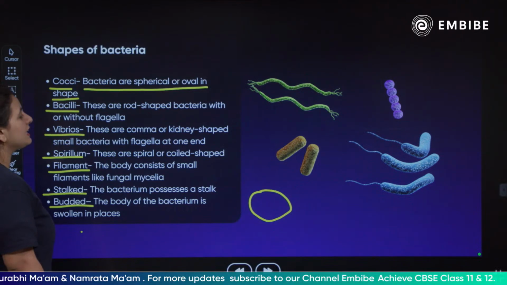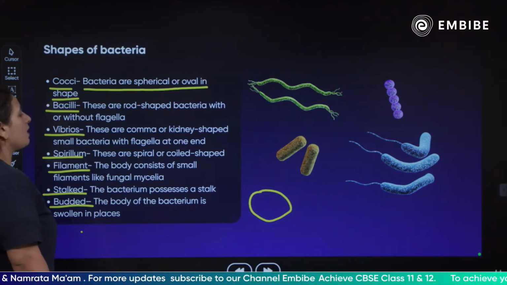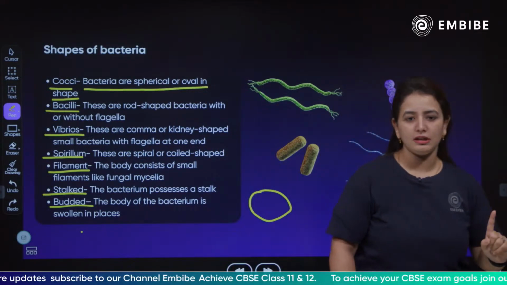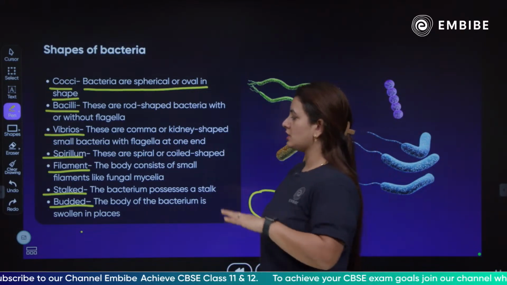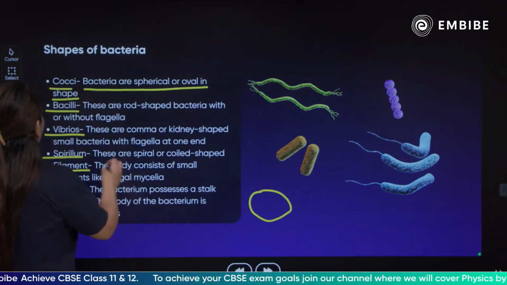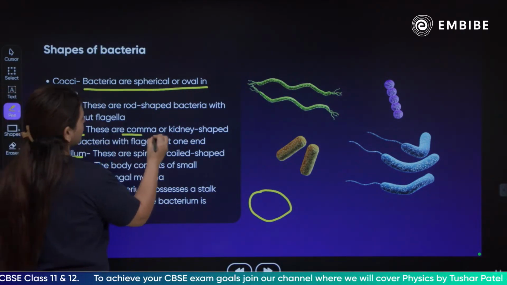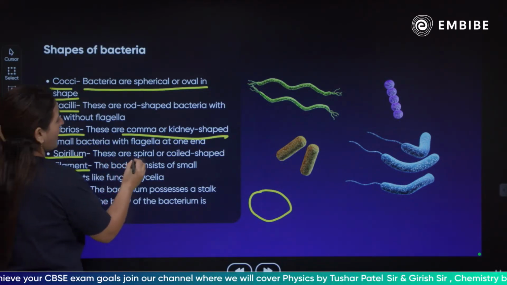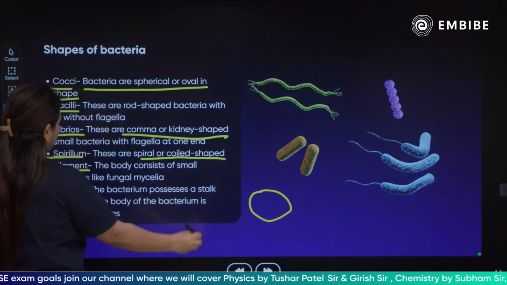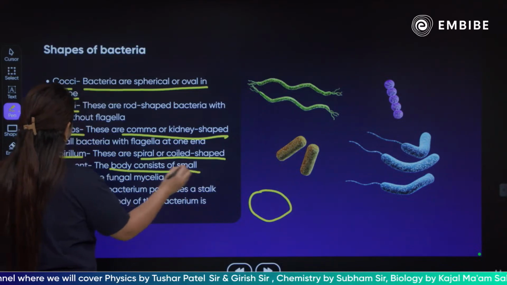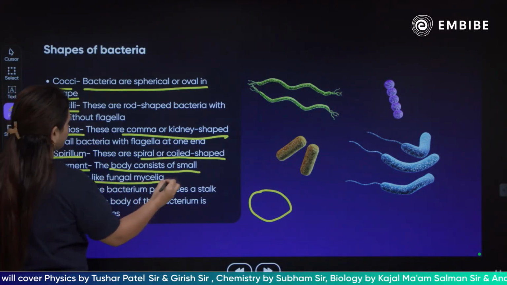These are kidney shaped small bacteria, flagellated at one end. Don't worry, the next slide shows all the kinds of bacteria. For now, you need to know that vibrios are comma shaped or kidney shaped bacteria. Next is the spirillum. These are spiral or coiled shaped bacteria. Next is the filament. The body consists of small filaments like fungal mycelia.